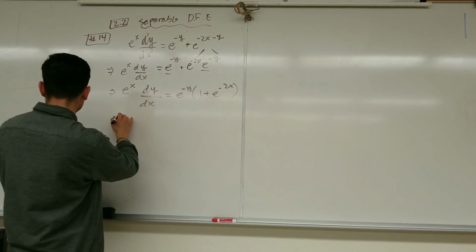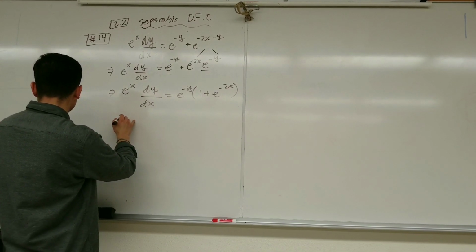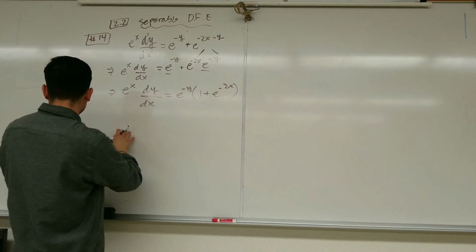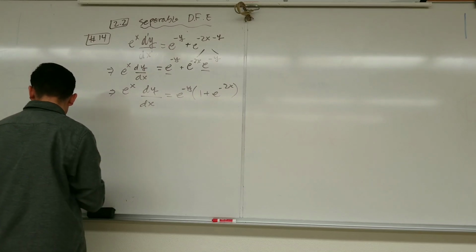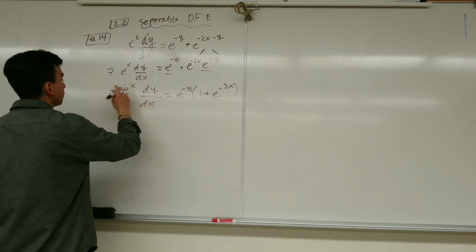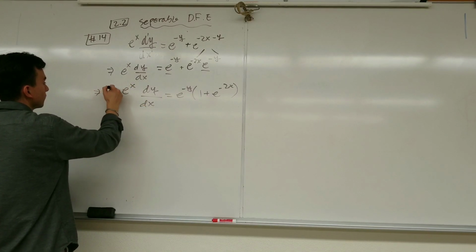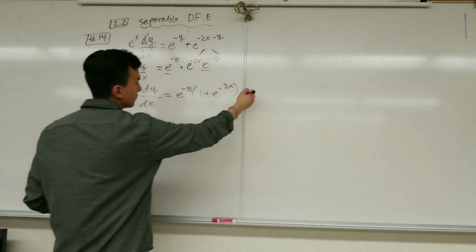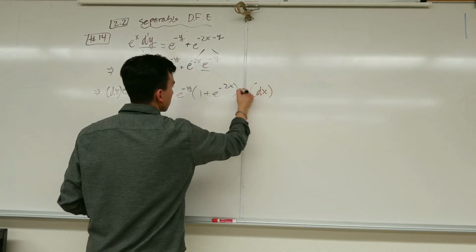So then what we're going to do is multiply both sides by dx.